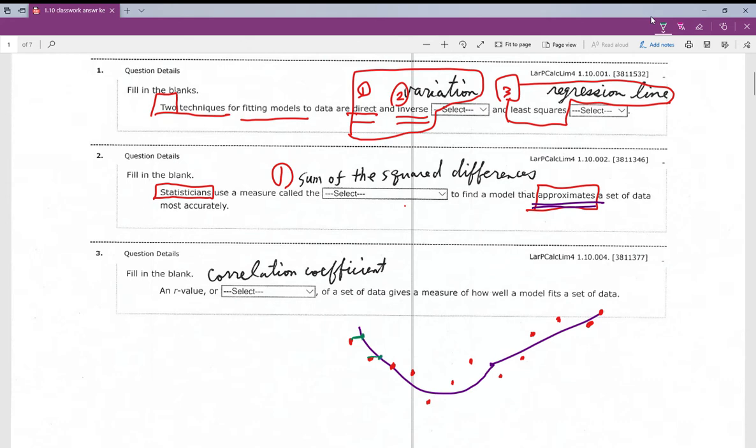Okay, there's some difference. Like here, no difference, right? Difference 0. And this difference, for example, sometimes is positive, sometimes negative.